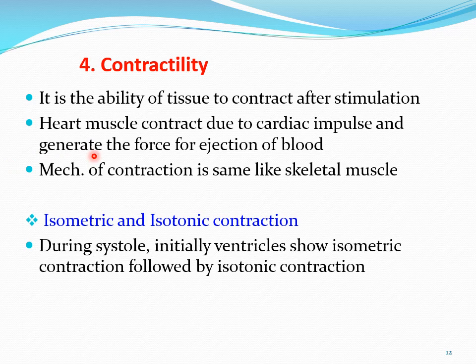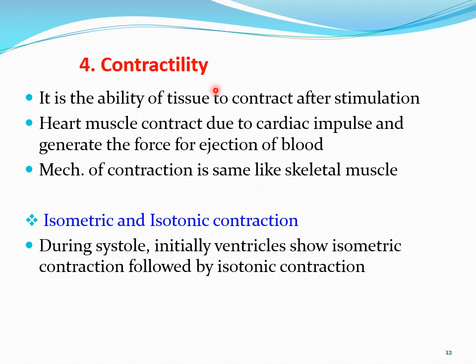Heart muscle contracts due to the cardiac impulse that is generated, and generates the force for ejection of the blood. So the heart contracts, generates the force and pumps the blood into the circulation.